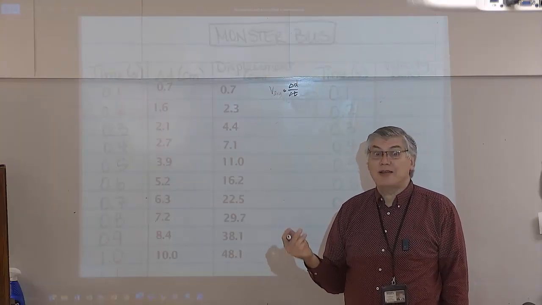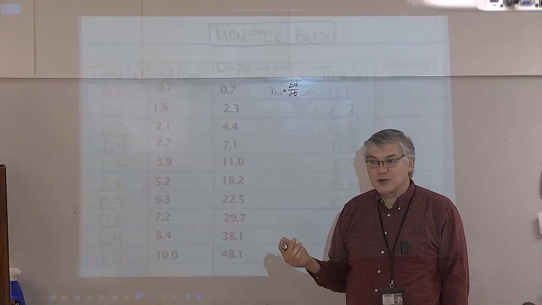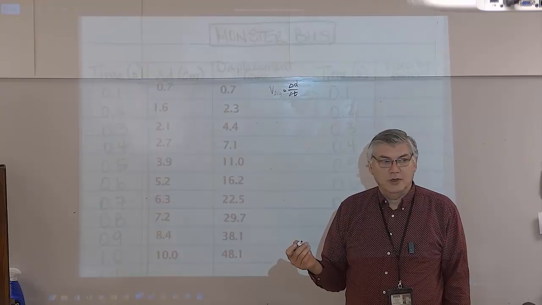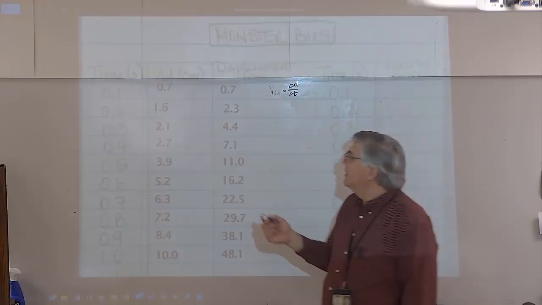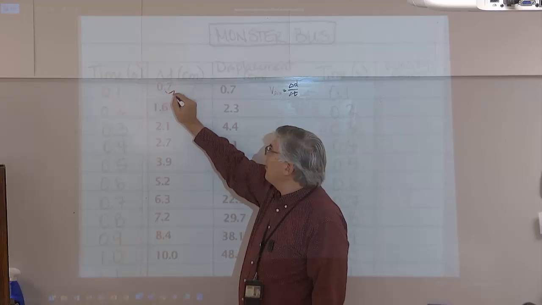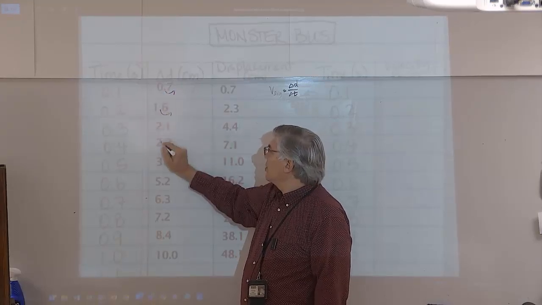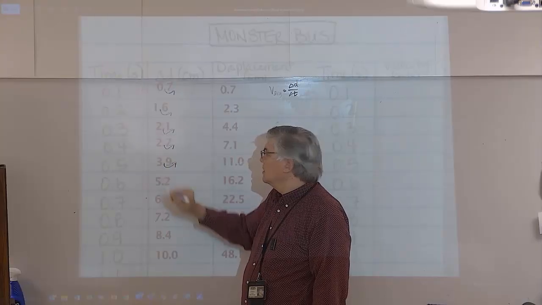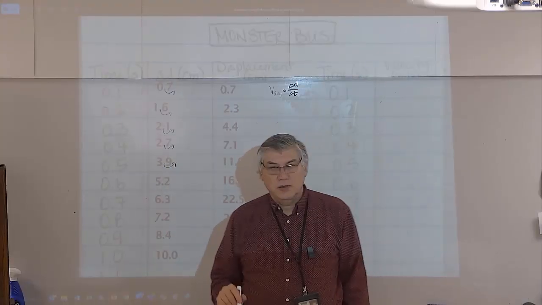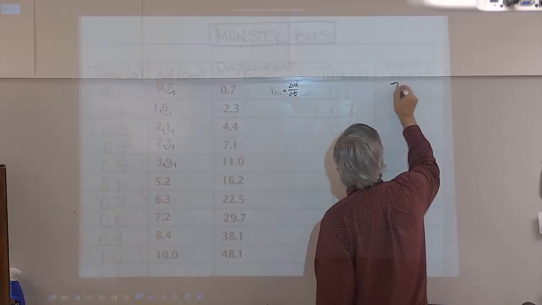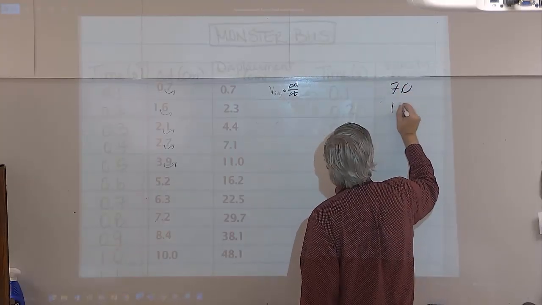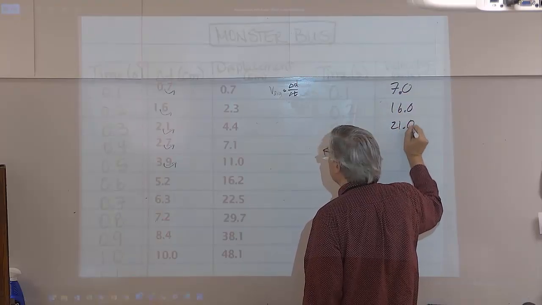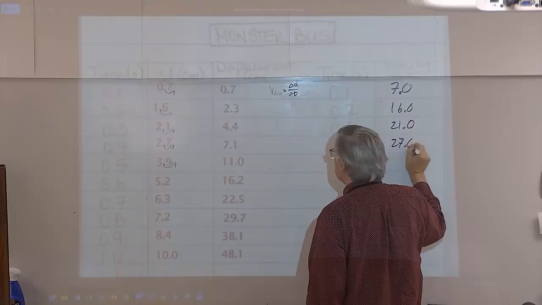When we divide by 1/10, honors class, what do we do? We just move the decimal point over by 1. So we're going to move the decimal point over by 1 for each of these. Okay? So this becomes 7.0, 16.0, 21.0, 27.0.